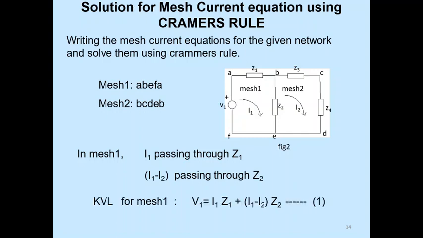So the mesh equation for this first loop is V1 is equal to I1 Z1 plus (I1 minus I2) into Z2. That is the first loop equation.